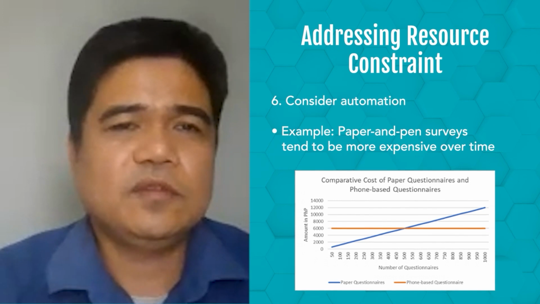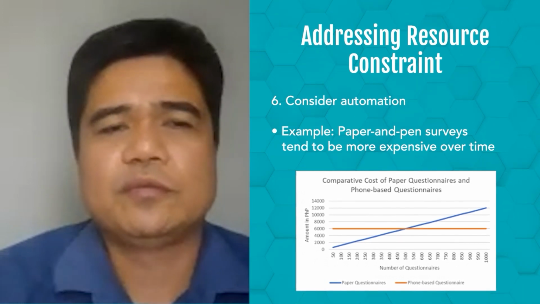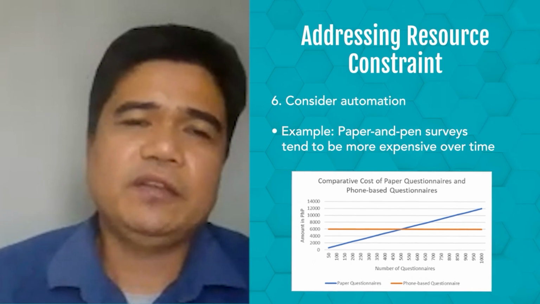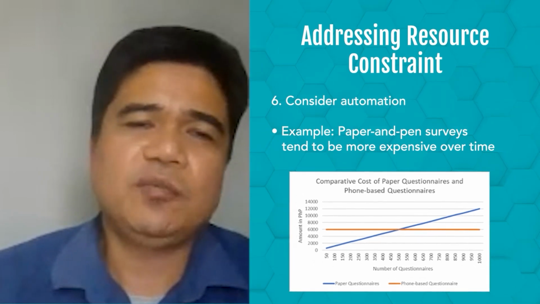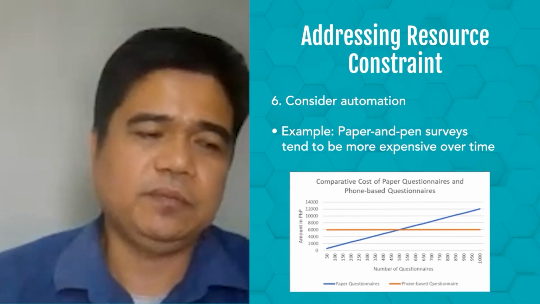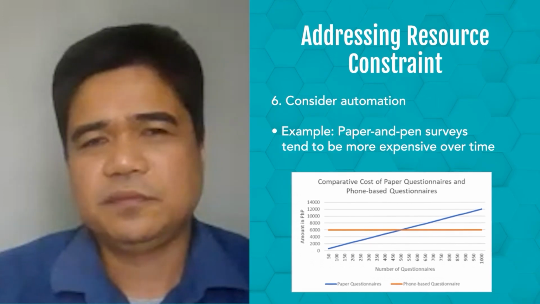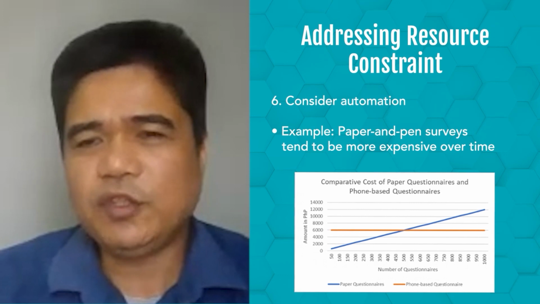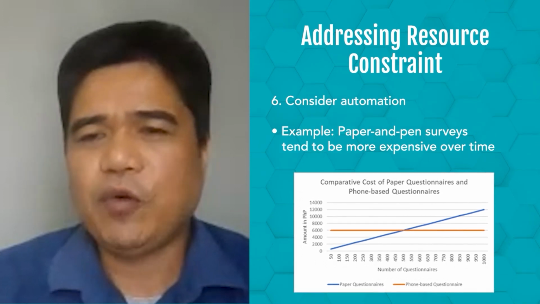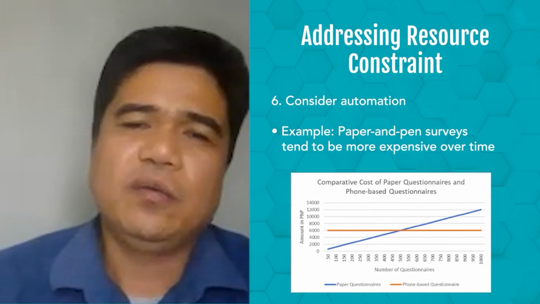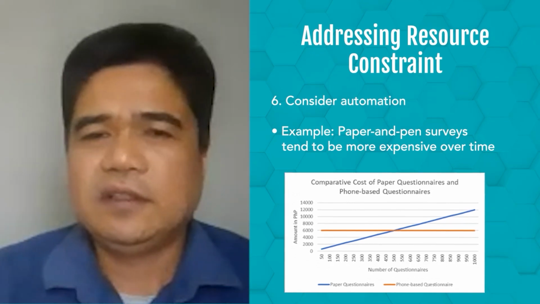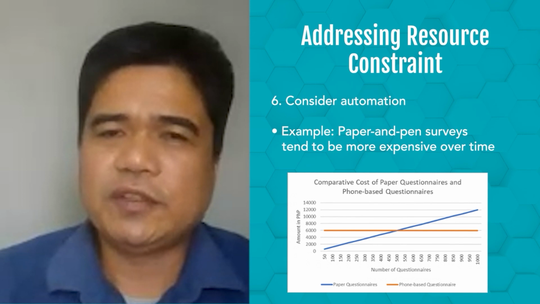Sixth, consider automation. For example, paper and pen surveys tend to be more expensive over time. When we look into the graph, the orange one is a phone-based questionnaire, while the blue one is for paper questionnaires.